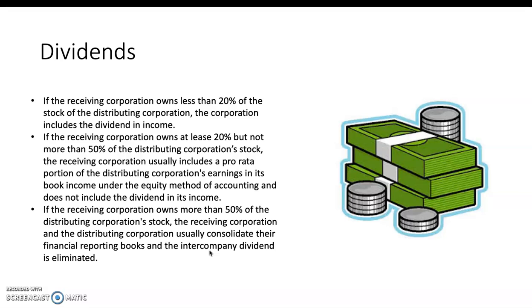If the receiving corporation owns more than 50% of the distributing corporation's stock, then the financial reporting books should be consolidated, with intercompany items eliminated.